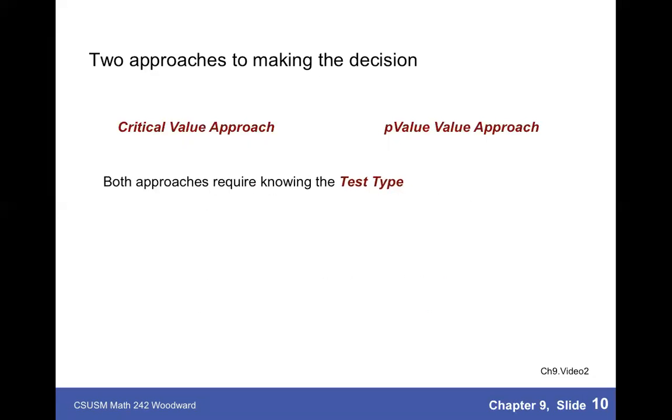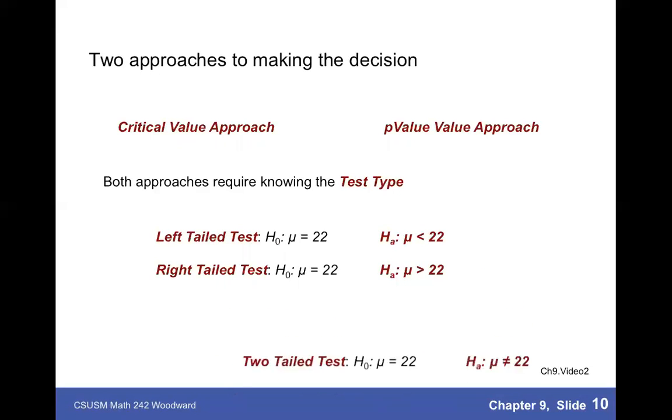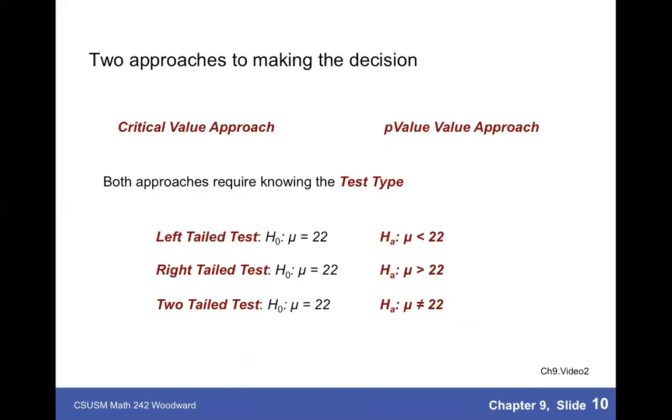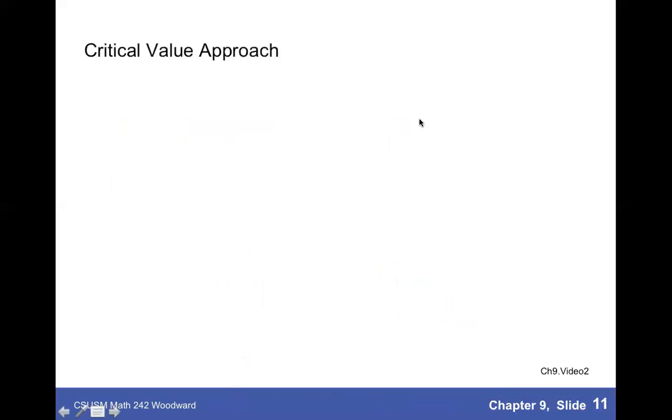Both approaches require knowing the test type, remembering that it's left tail, right tail, or two-tailed. And left tail test was this one. Right tail test is that one. Two-tail test is that one. So we need to know which type it is for either of these approaches.